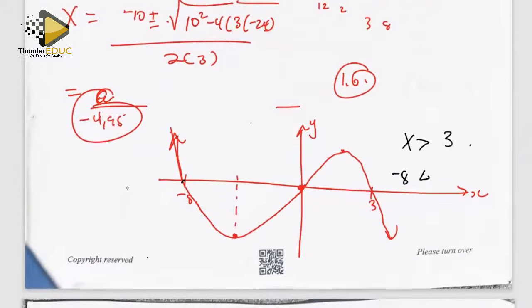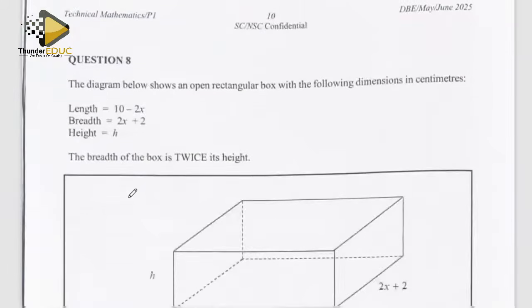So decreasing up to this negative 4 something, x, and then negative 4,9. Okay, it's below, and it is decreasing as well. Then for the increasing part, we have 0 less than x less than 1,6. Okay, so those are the values that I would have obtained.